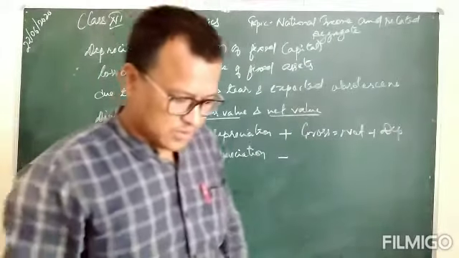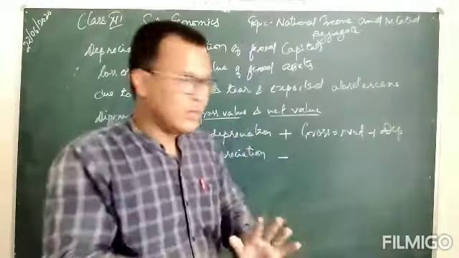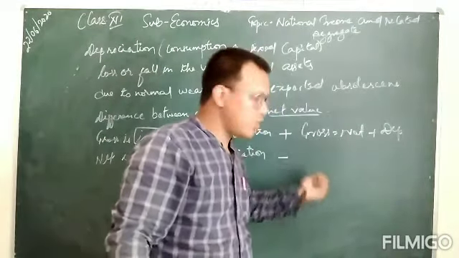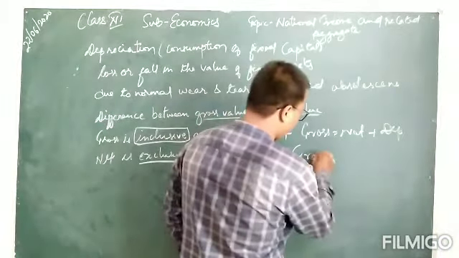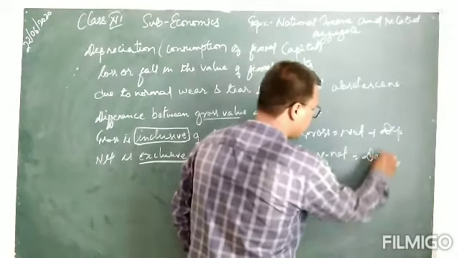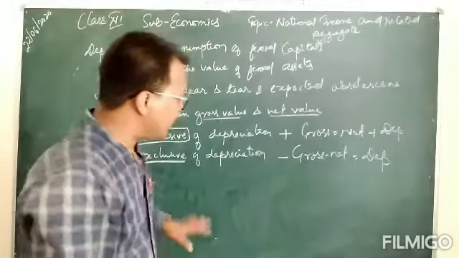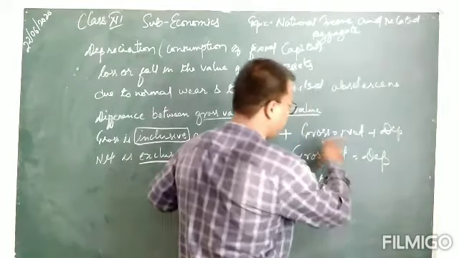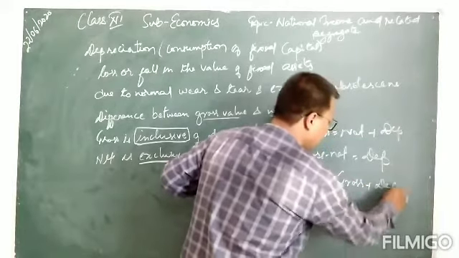If we bring depreciation to the other side of the equal to sign, we can say that gross minus net is equal to depreciation, or we can say net is equal to gross minus depreciation.